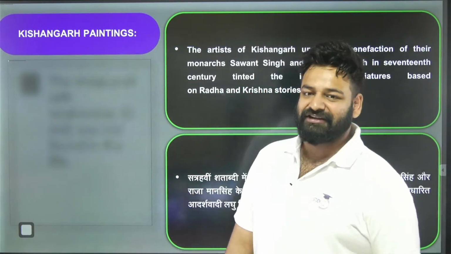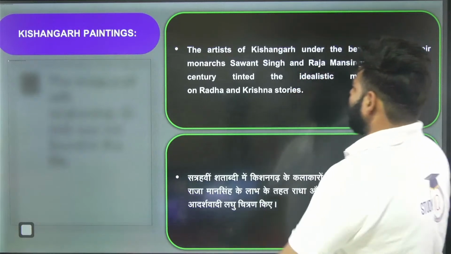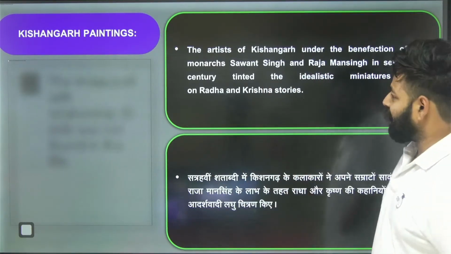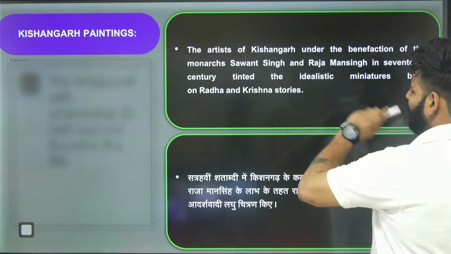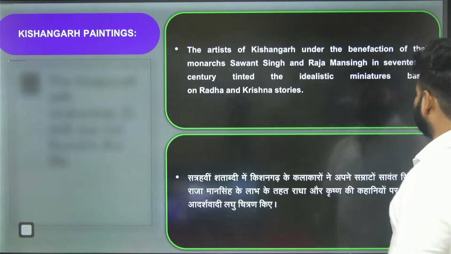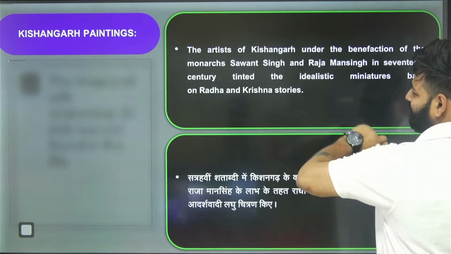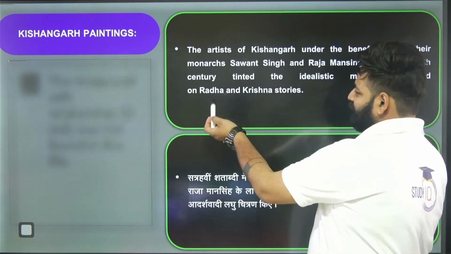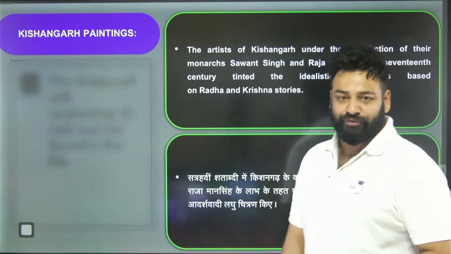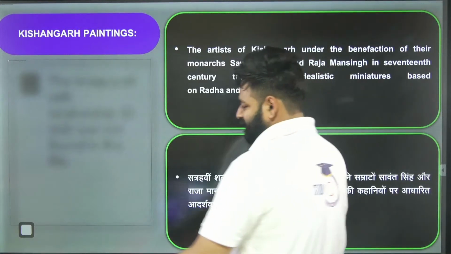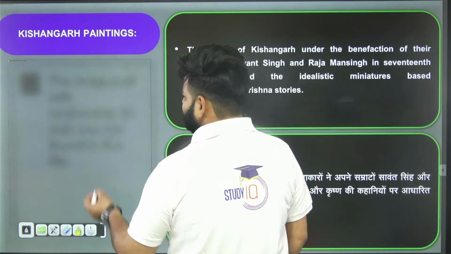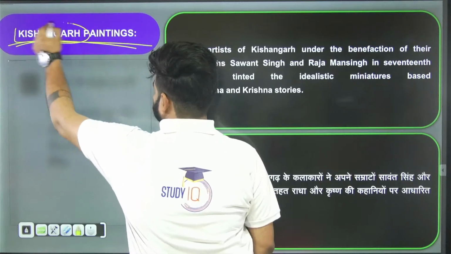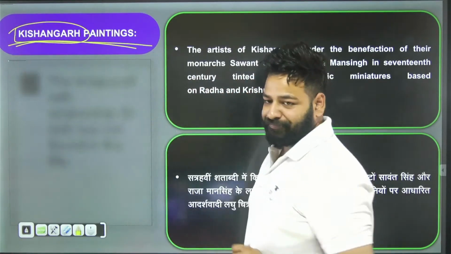Okay, that is Rajasthan. So the artists of Kishangarh, under the benefaction of monarchs Raja Savant Singh and Raja Man Singh in the 17th and 18th centuries, created miniatures based on the themes of Radha and Krishna stories. So when we talk about the theme of Kishangarh, as the name itself is clear, Kishan, it is dedicated to Lord Krishna.